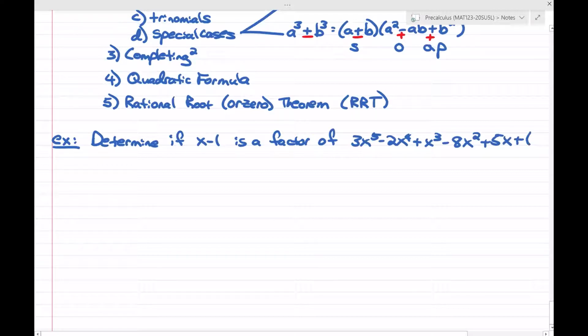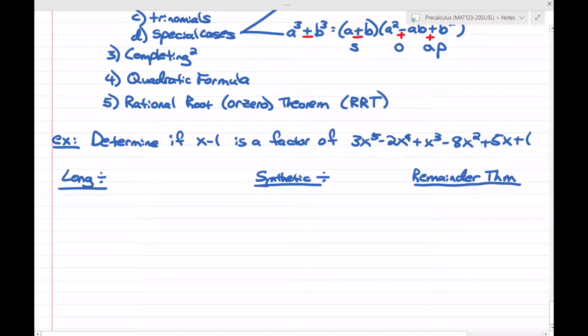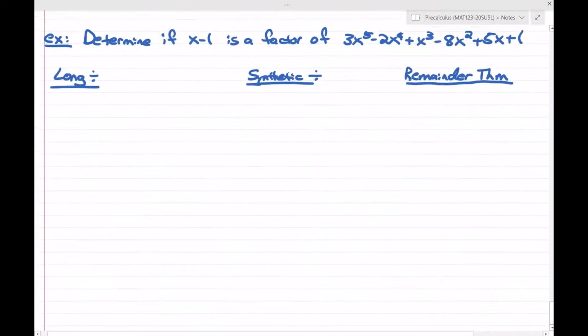And we've seen this in the last section. We have a few different ways to do this. We could use long division. We could use synthetic division. And we could use the remainder theorem. The remainder theorem would be the fastest way, but let's just make sure you remember your other techniques.